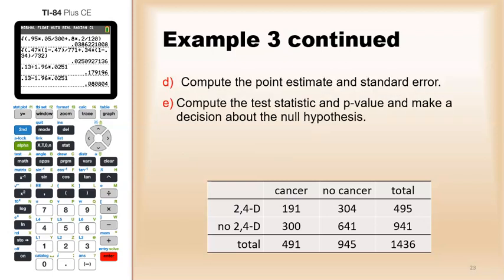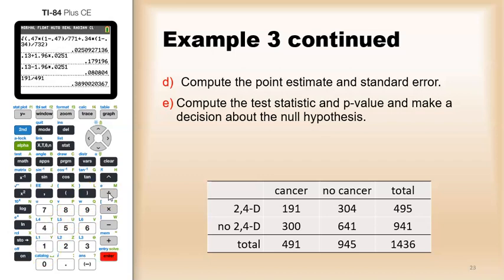Okay. Now, the point estimate and standard error. Well, for the first group, 191 divided by 491 comes out to be 0.389. For the no cancer group, the proportion is 304 divided by 945, so for the no cancer group, it was about 32.2%.